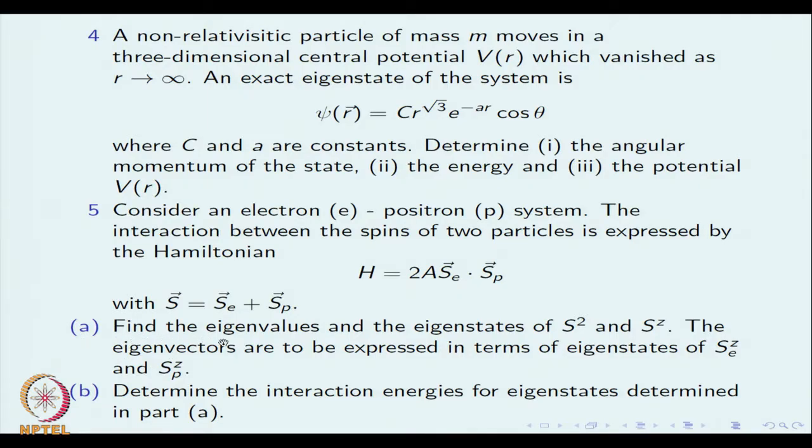Find the eigenvalues and eigenstates of S square and Sz is one part, and the next part is the eigenvectors when they are expressed in terms of the Z components of the electron and positron. And in part B you will have to determine the interaction energies of the states determined in part A.